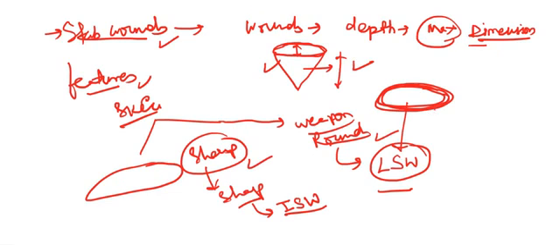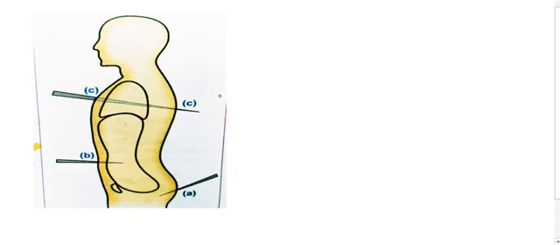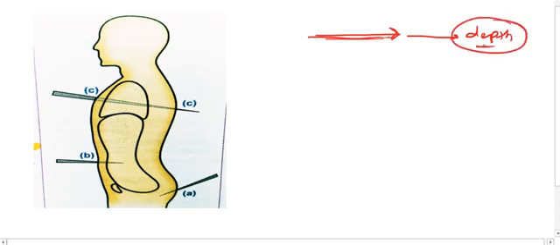Now there are various types of stab wounds. Stab wounds are caused by the force which is applied by a weapon along its long axis, so the depth will be the maximum dimension. If the weapon is just reaching up to the skin level, then this is known as a puncture wound.